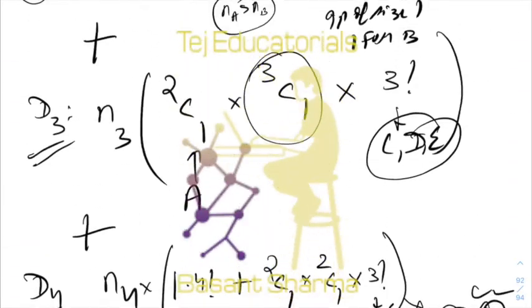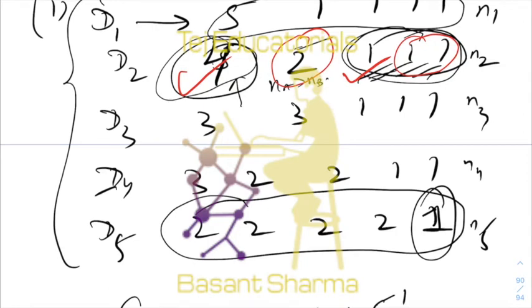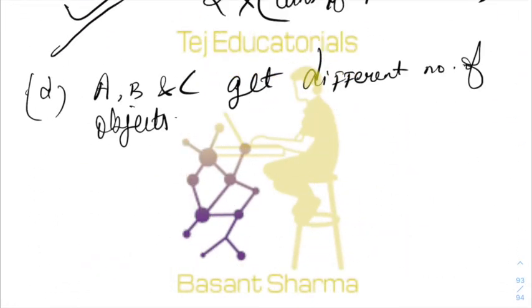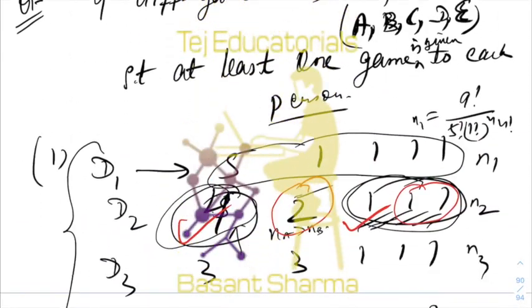We said earlier that D1 to D5 are all the possible distributions that can happen. Now in these distributions, which cases satisfy the situation that A, B and C get different numbers of objects? So three people are getting different numbers of objects.